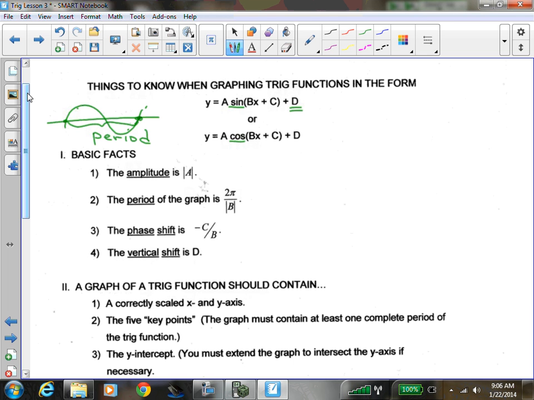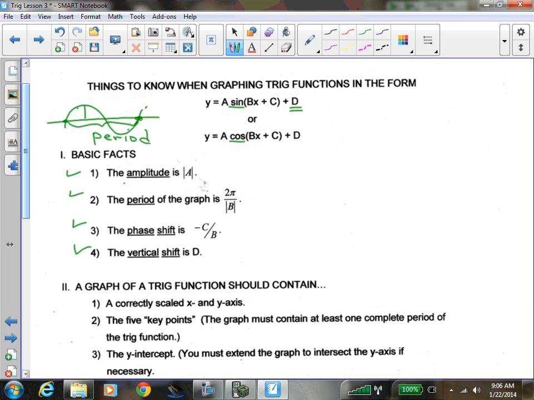And again, whether it's a sine curve or a cosine curve, that same basic principle is at work. All right, and so the distance that you go above the midline is the amplitude. And so each of these phrases that we have here are going to be important phrases to us.